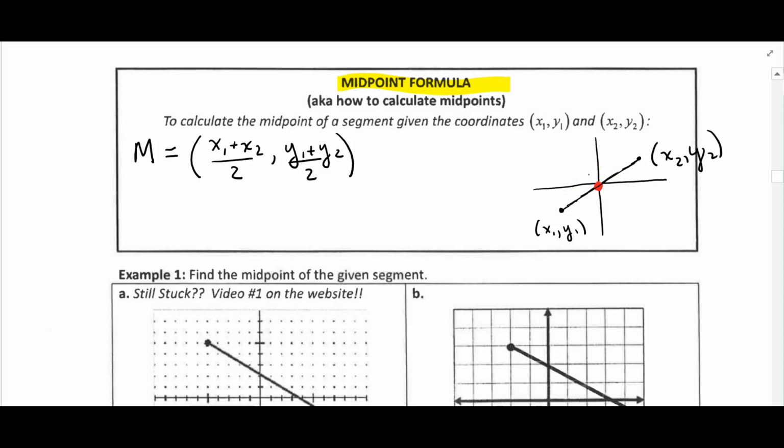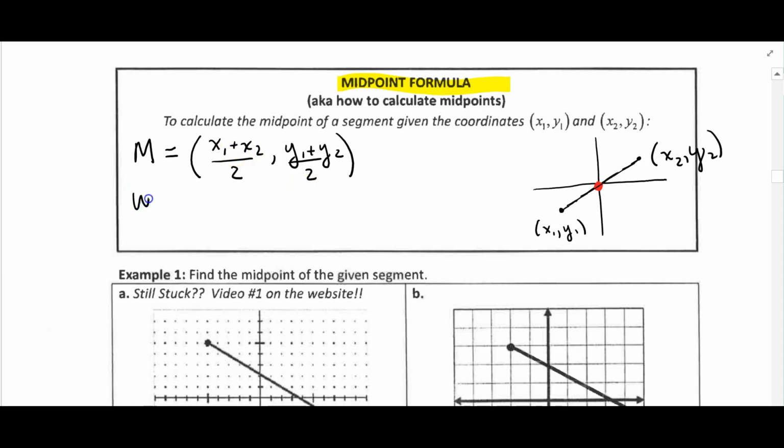Now, if you remember, to find an average, we add up the items and then divide by the number of items. So if we were trying to find the average of 10 numbers, we would add the 10 numbers and then divide by 10. Here we have 2 points, one on each end, and we want to find the average, the middle. So we add up the x's and divide by 2, because there are 2 x values, and we do the same with the y's.